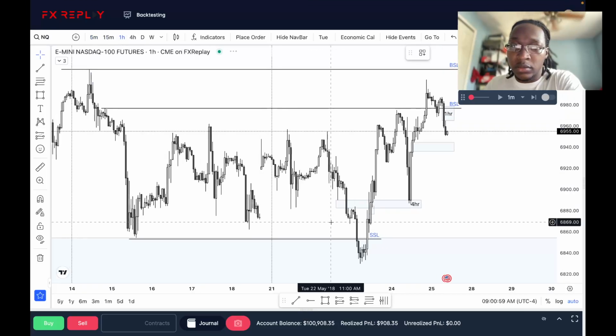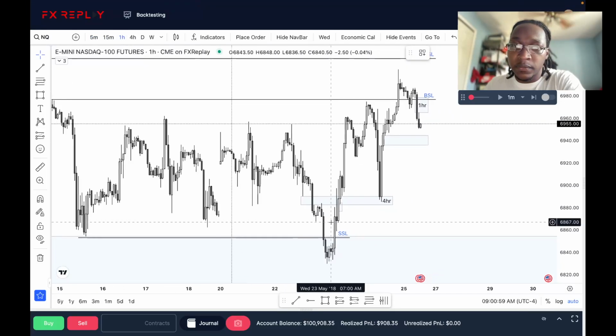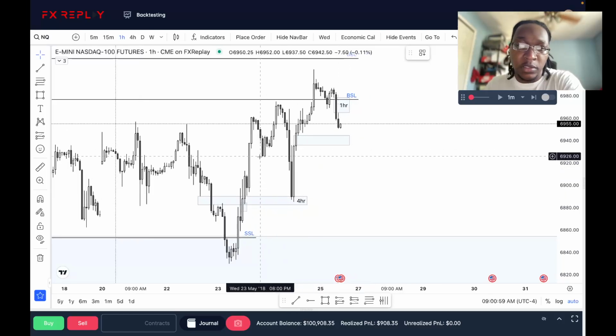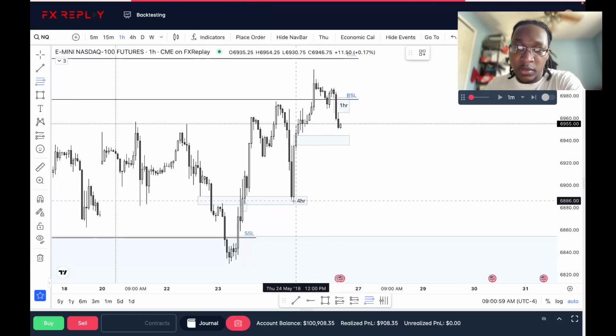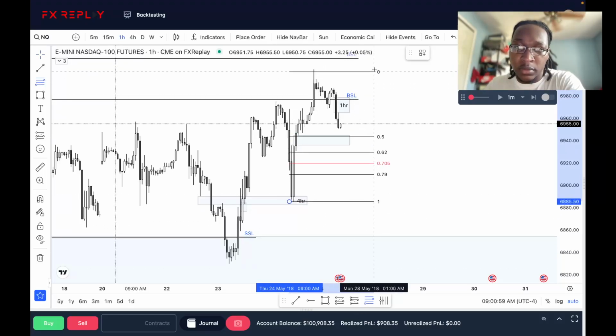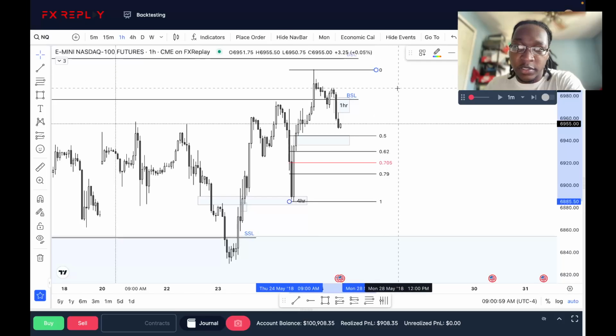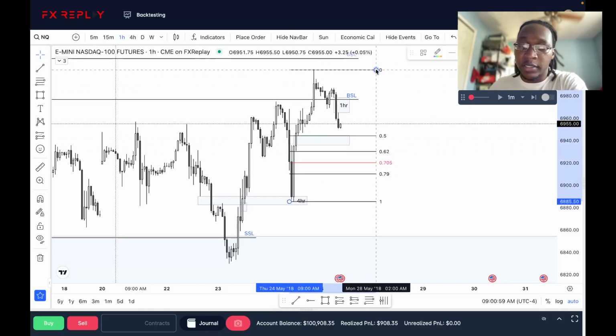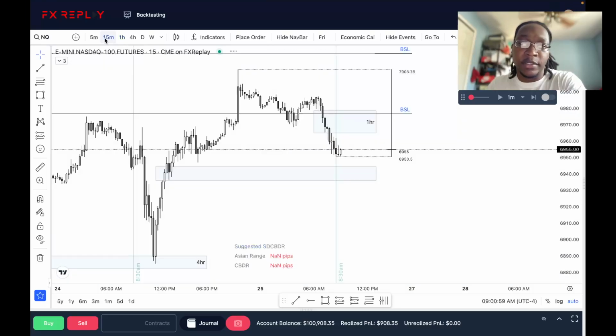Let me see again. So our current dealing range, because we took out sell side here and we took out buy side here, is from this low to this high. And if we look at it right now, we're above 50%, so we may want to drop down into discount before looking to buy again. So that makes sense. Let's see what we do.